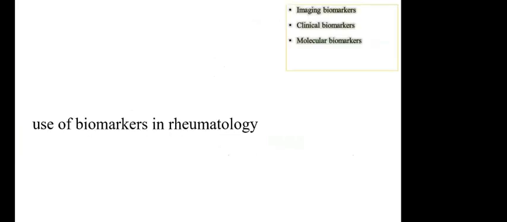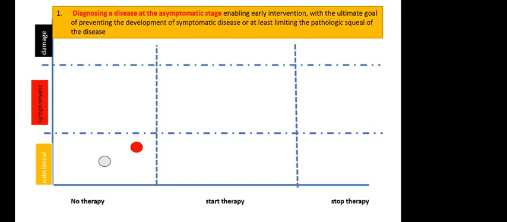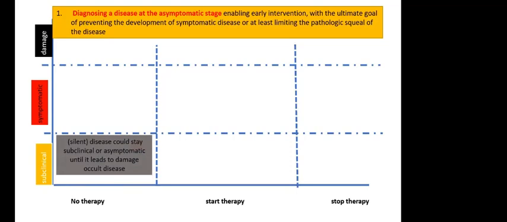So what is the use of biomarkers in rheumatology? The first use of biomarkers is to diagnose the disease at the asymptomatic stage. Silent disease could stay subclinical or asymptomatic until it leads to damage, and this is what we call occult disease.